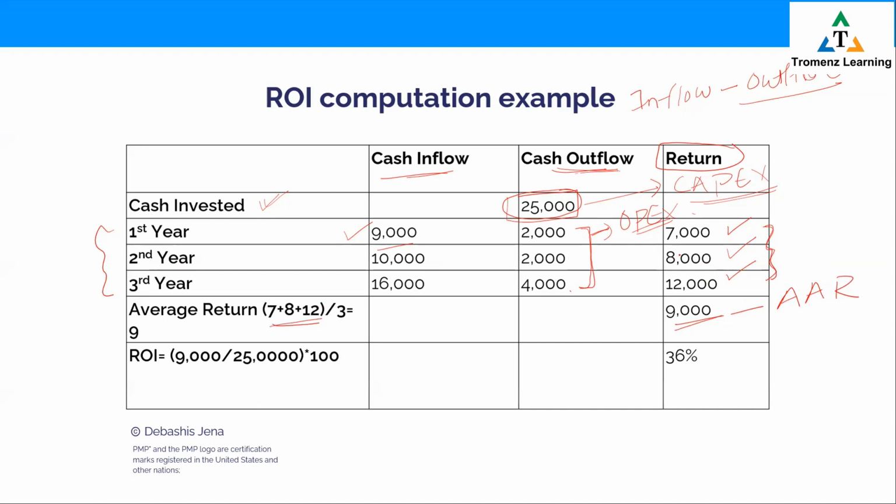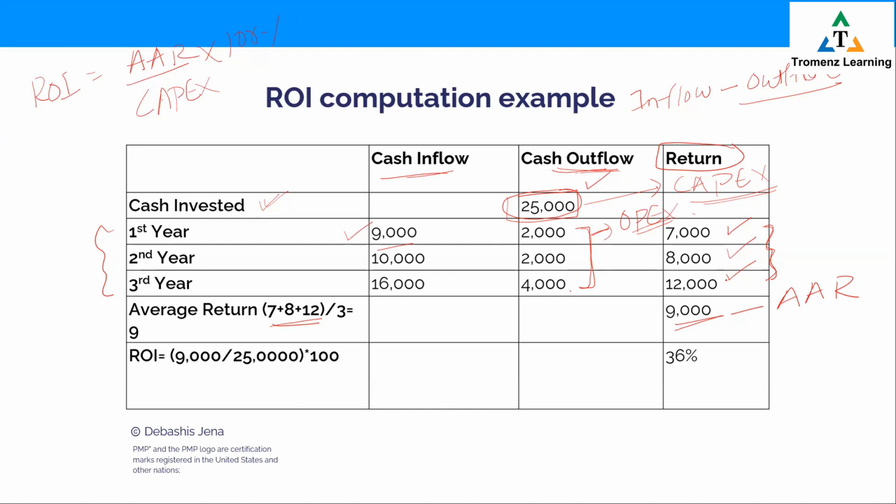Now, here's the formula for ROI. ROI is average annual return, which we calculated as 9,000 in this particular project, divided by CapEx. The denominator is that CapEx or initial investment, which is in our example 25,000, and multiplied by 100 to translate to a percentage.